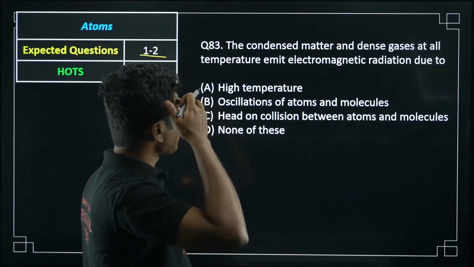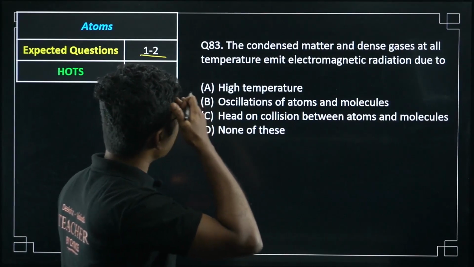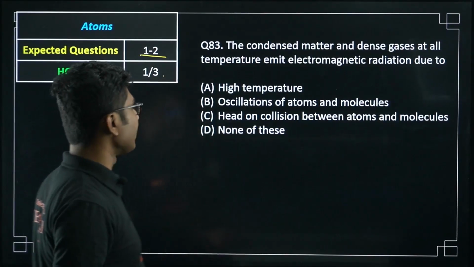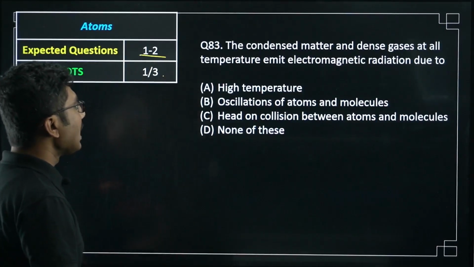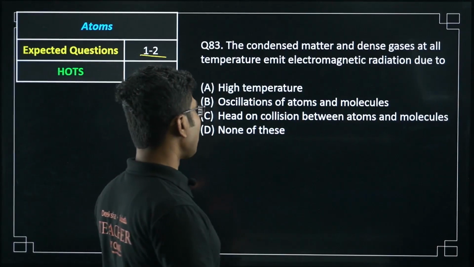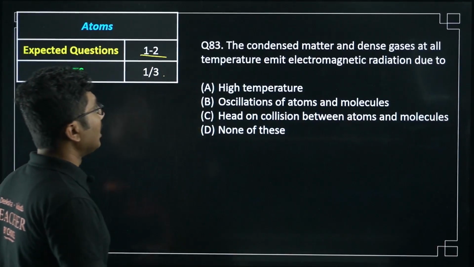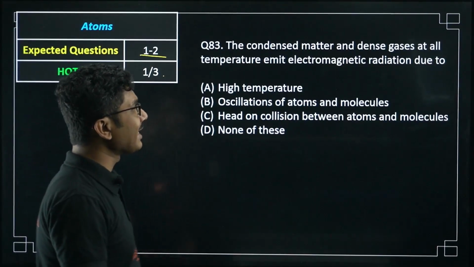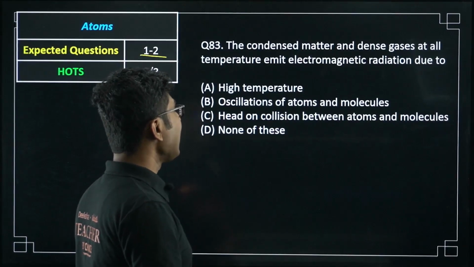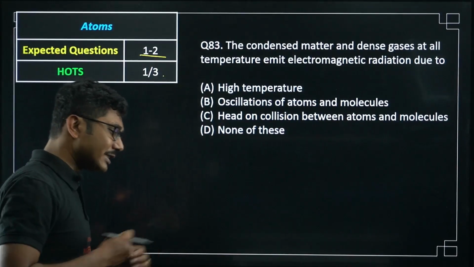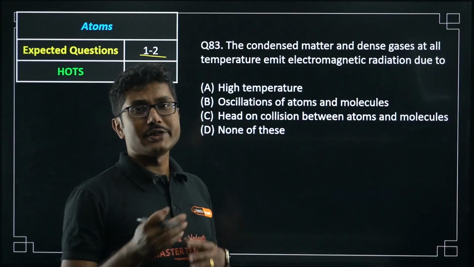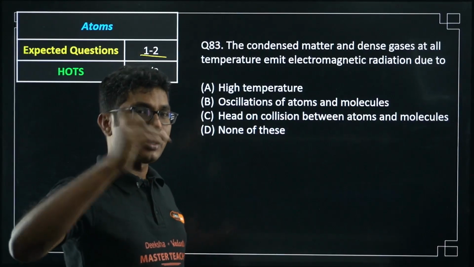Condensed matter and dense gases at all temperatures emit electromagnetic radiation due to: high temperature, oscillations of atoms and molecules, or head-on collisions between atoms and molecules, none of this. Condensed matter and dense gases at all temperatures emit electromagnetic radiation because they oscillate at high temperature, and oscillation means electrons moving out and coming back.